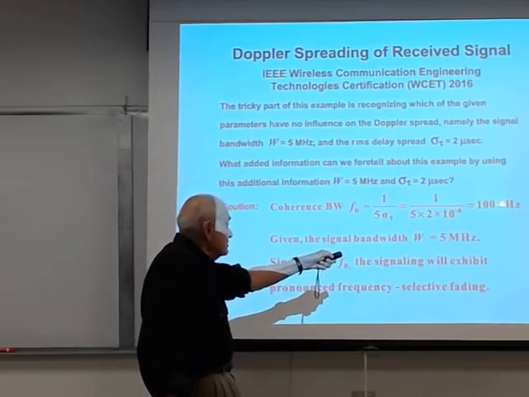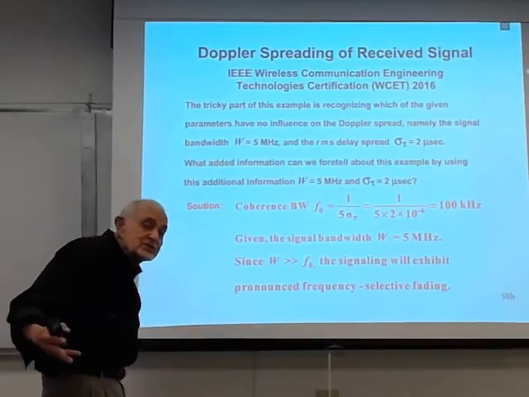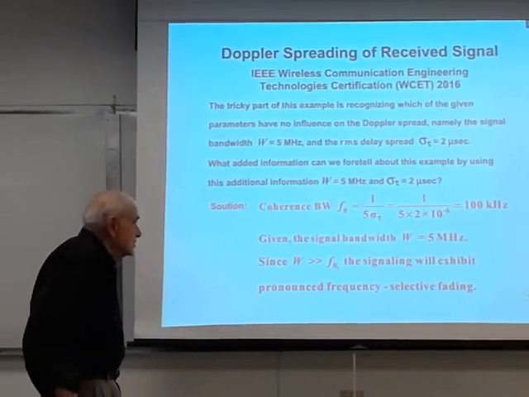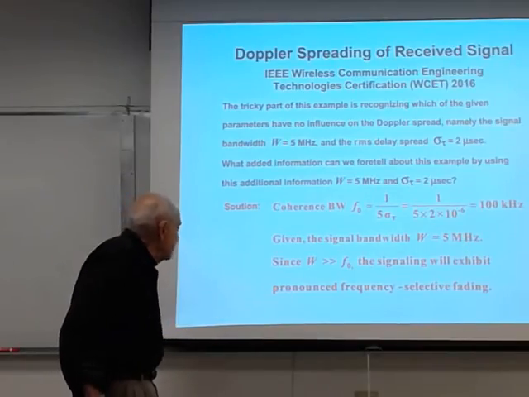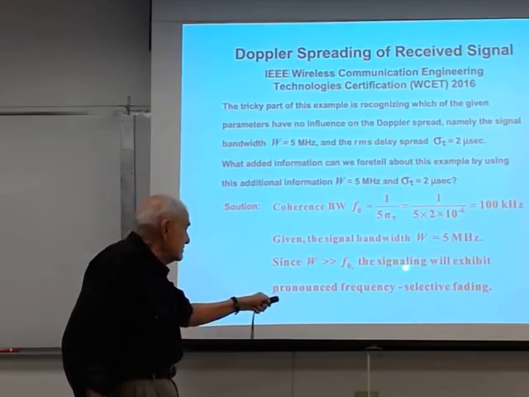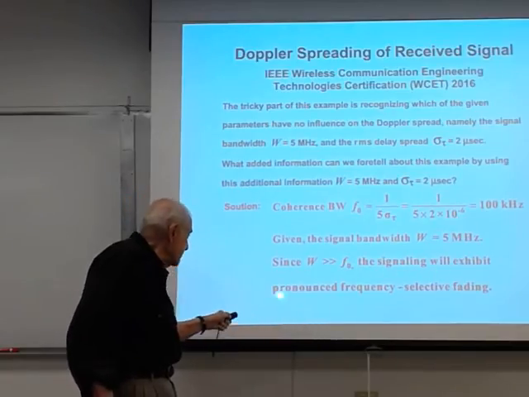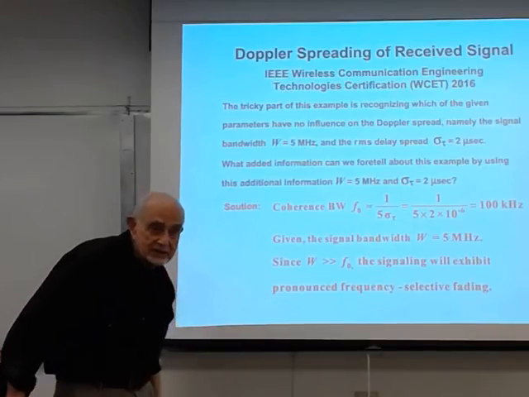And the coherence bandwidth is 100 kilohertz. Not as busy as New York City, but it's an urban environment. And the signal bandwidth is 5 megahertz. And since 5 megahertz is larger than f sub 0, the signaling will definitely exhibit very, very pronounced frequency selective fading.